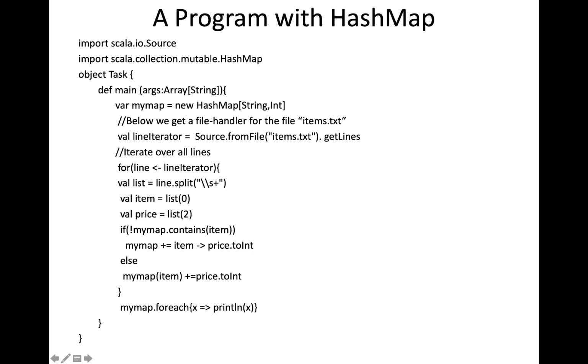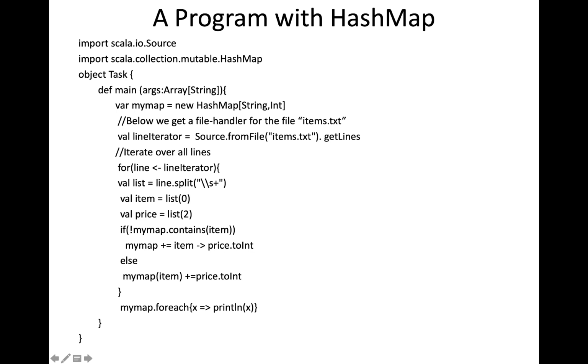And in the other case, when your map already has this key, then what you should do, you should just access the key in that map, right? That will give you the value, and change the value, add the current price to that value using this plus equal operator, right?